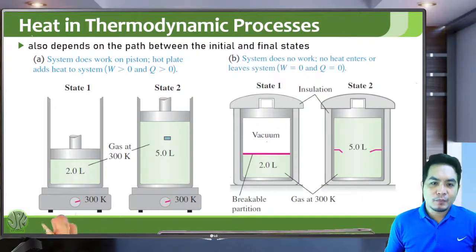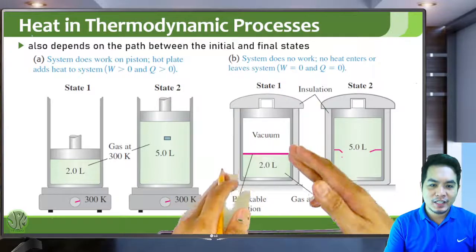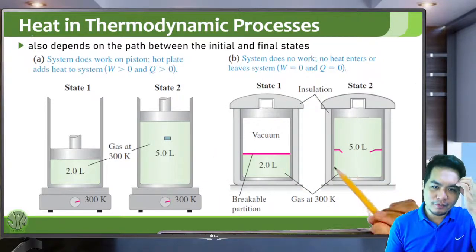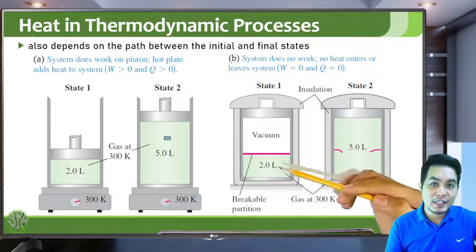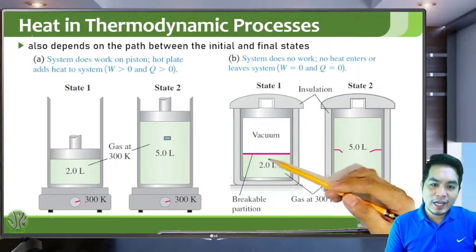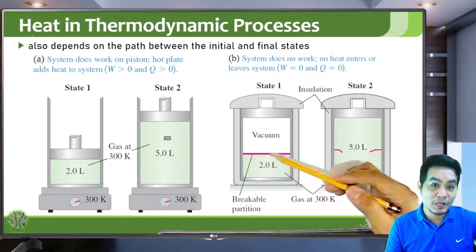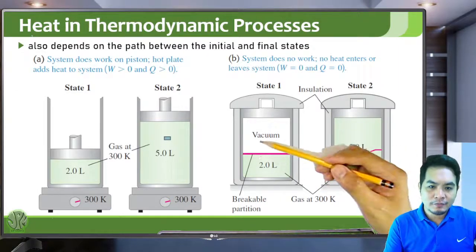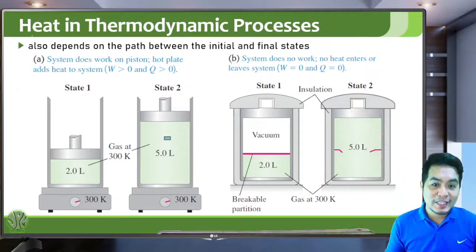In this other example, we have a scenario wherein the volume of the container is fixed, and the whole thing, the gas, is insulated. The gas is initially on this side of the partition, so there's a breakable partition, and the gas is at 300 Kelvin. On the other side of the partition is just vacuum. Vacuum means there's nothing there.